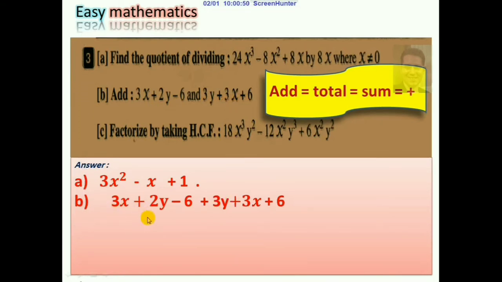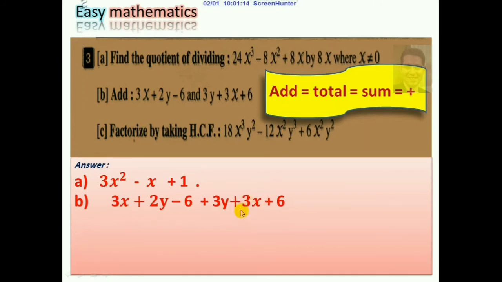Here we try to find the like terms, okay, and make the same sign above each one, as we have learned with Mr. Hazim. I told all my students to make the same sign above each two like algebraic terms. When we have 3x, what about the like term here?